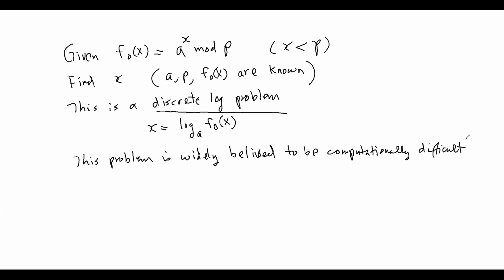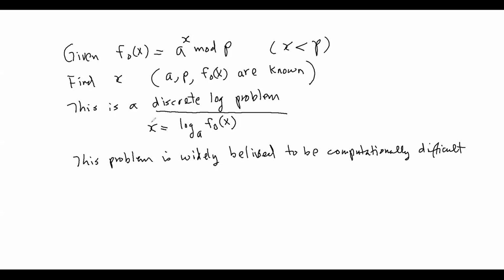You basically should try all possible x. You compute A to the x mod p, and then see whether that is equal to f0 of x. So that's exponential.